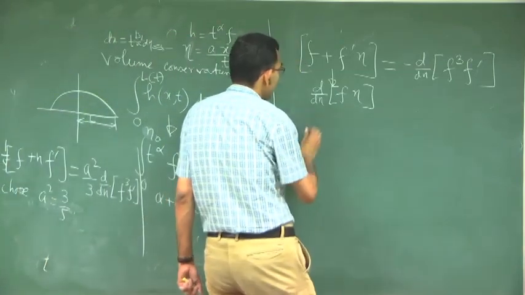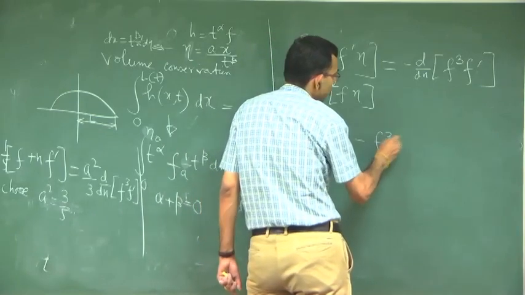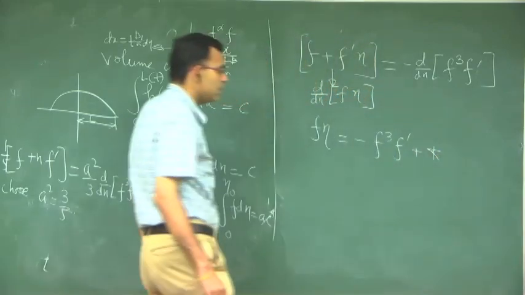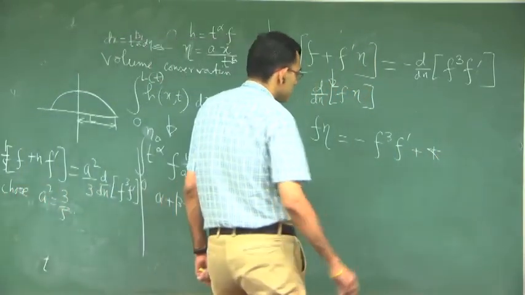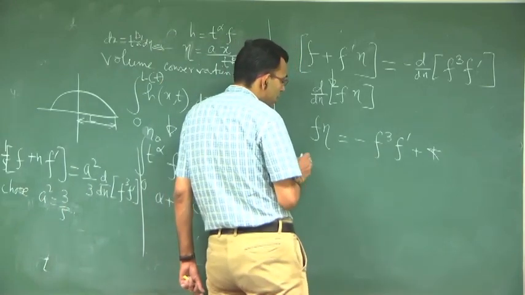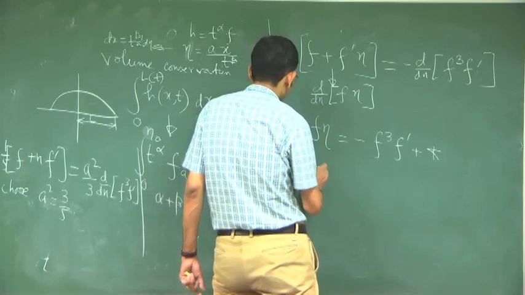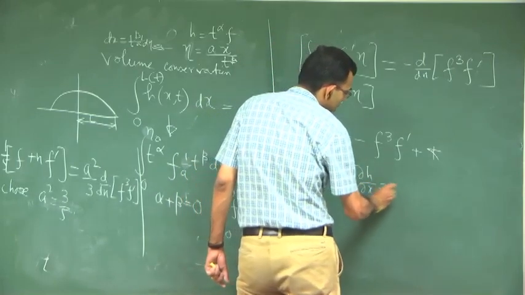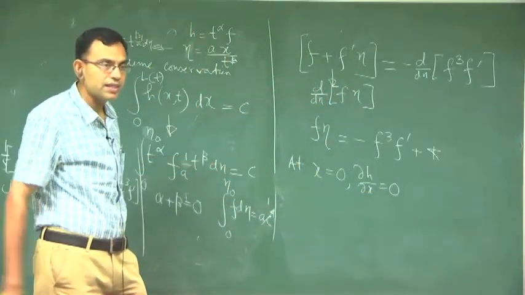Now, if you integrate you will get f eta is equal to minus f cube f dash plus a constant k. So, what are the boundary conditions? At x equal to 0 you have del h del x equal to 0, this is because the droplet is symmetric with respect to the y axis.